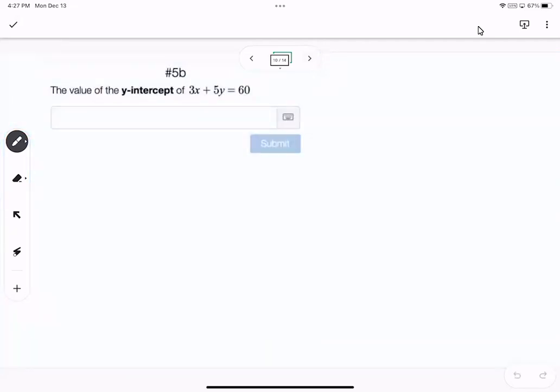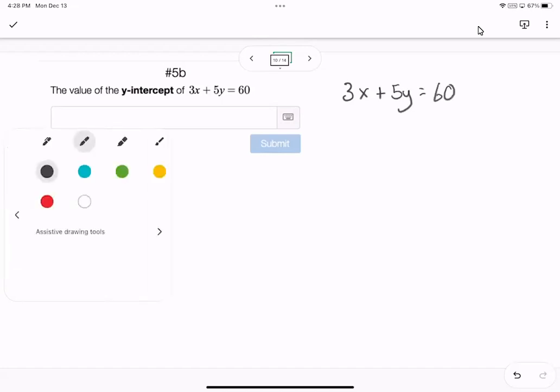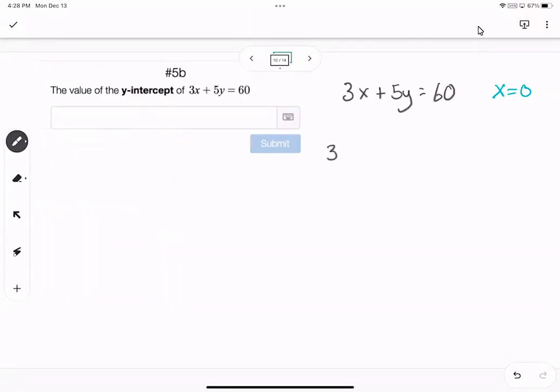So similarly, with the same equation, they want us to find the y-intercept. A fun fact about the y-intercept is that when we are at the y-intercept, x is equal to 0. It's the opposite of the x-intercept. So now everywhere we see x, we're going to plug in a 0.